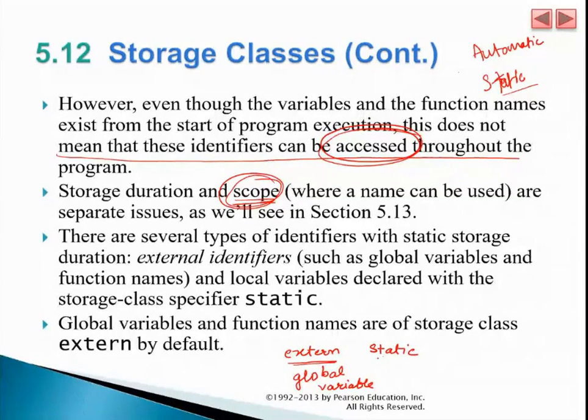And static is again a local variable with some constraints. We will talk about it when we talk about scope. So for now, to write the static storage class, we can use extern and static.